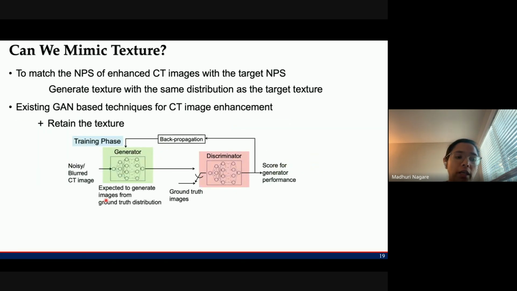And there are existing GAN-based methods in CT imaging. They retain texture to some extent. What they do is, their input is noisy or blurred CT images.